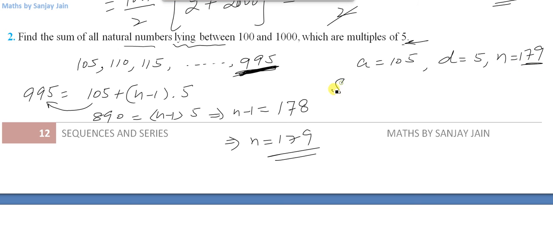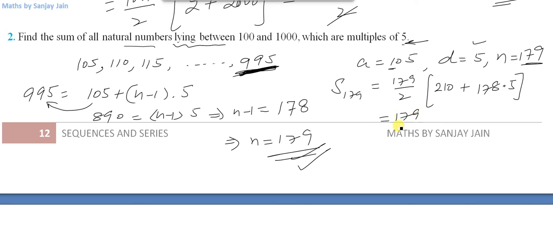So S179 is equal to 179 by 2, twice of the first term. So 2 into 105, I am writing it as 210 directly, 2A, right? Plus n minus 1, so 178 into D, 178 into 5.